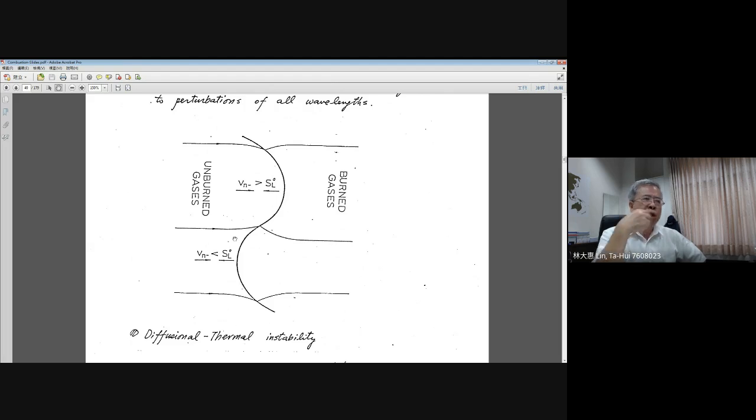Now we try to introduce the diffusion transport influence on a stable flame. Then we call this thermal-diffusive instability. Simply said, that will bring the imbalance of diffusion transport of mass and heat into our premixed flame.